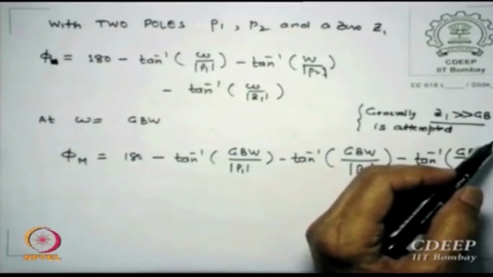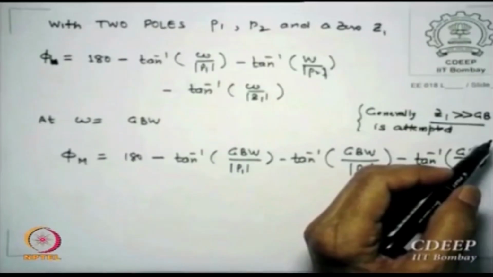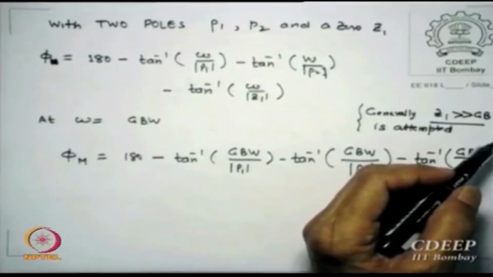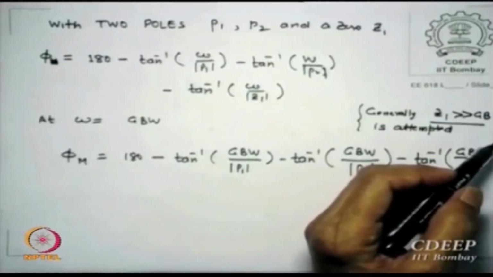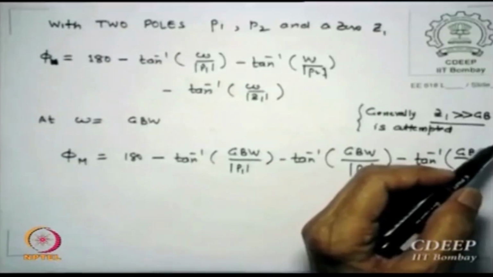So you are not worried, because the gain has fallen sufficiently below. Please remember the zero will push the gain up by 20 dB per decade, but if it is already minus 100, then even 80 dB is okay, fair enough. So that is something you have to understand, that this zero should be away from this. We will check this for different values of Z, how much phase margin we can evaluate.